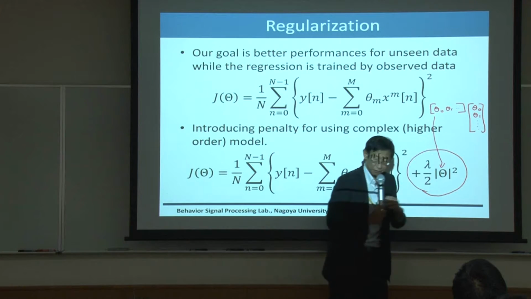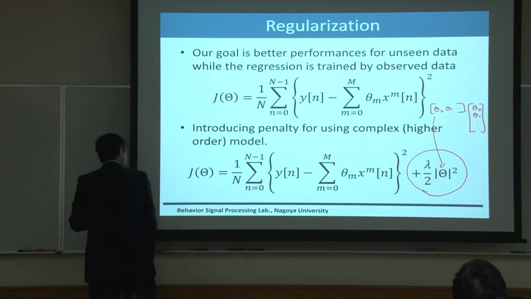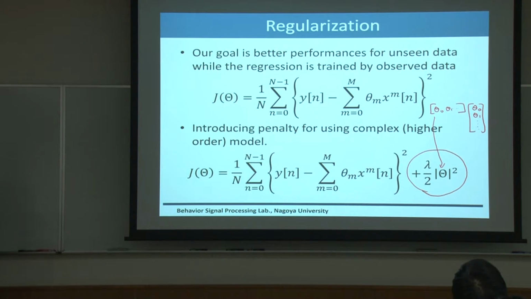And if, for instance, the value is concentrated on theta 0 and theta 1 only, and other higher terms like theta 2, theta 3 are very small, then this value becomes smaller than the case where all, say, 5 thetas have relevant values, obviously.